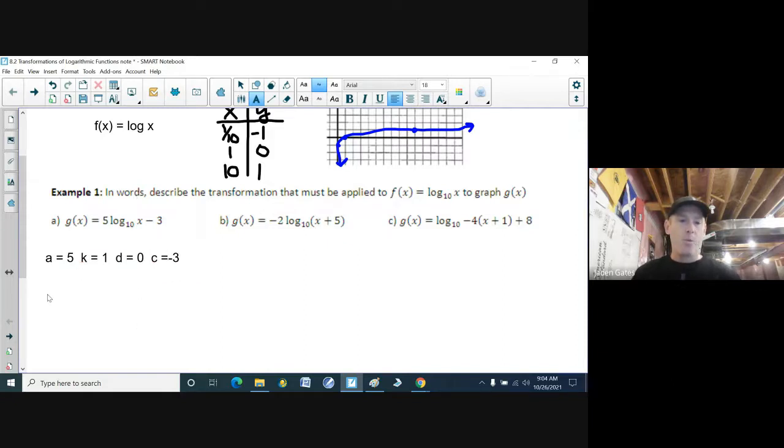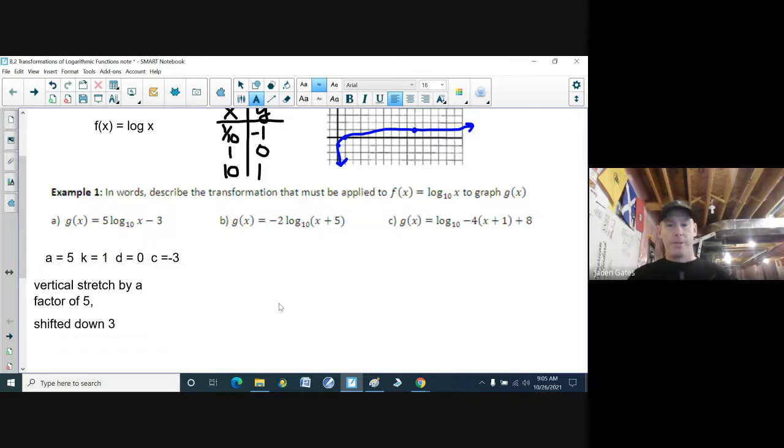Now it says in words. Because our a value is 5, we have a vertical stretch by a factor of 5. And since our c value is -3, it is shifted down 3.